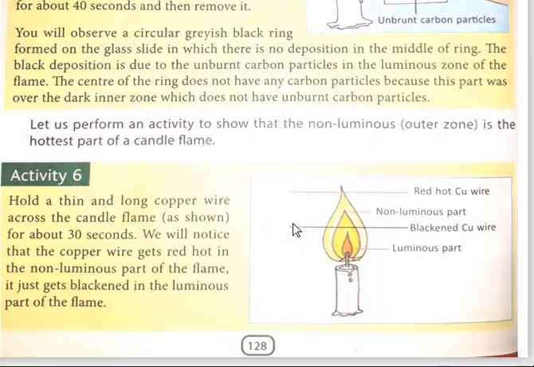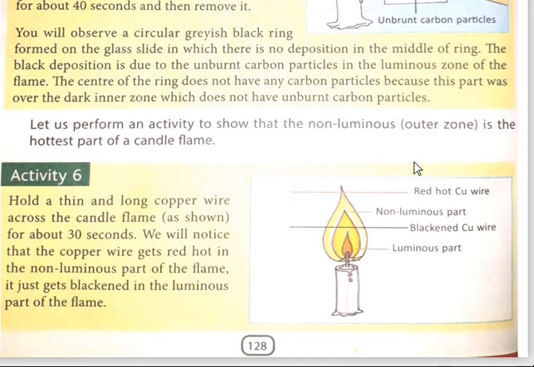In activity 6, you will keep one candle and put a copper rod at the outer part. What we see is that very soon this rod becomes hot, and this shows that this zone produces a lot of heat.